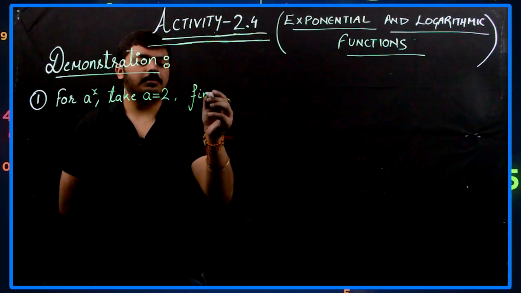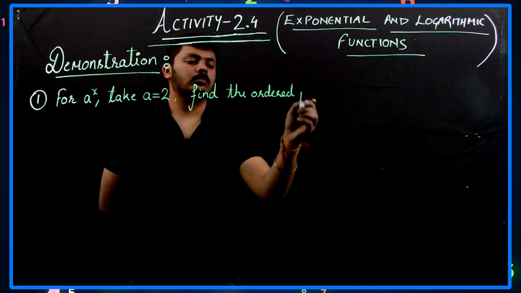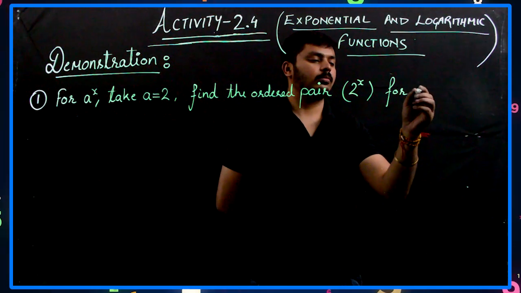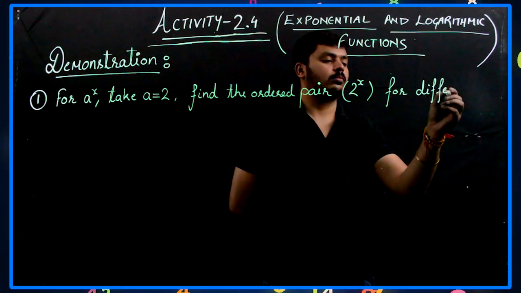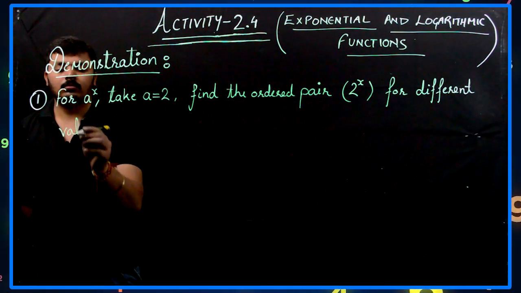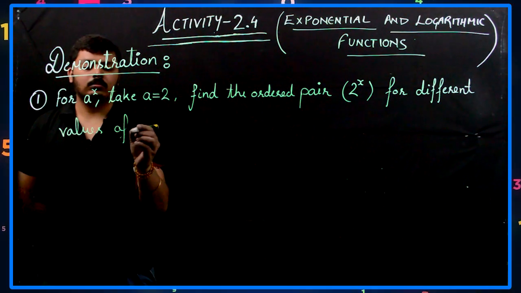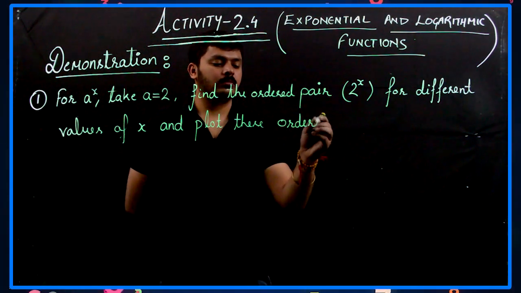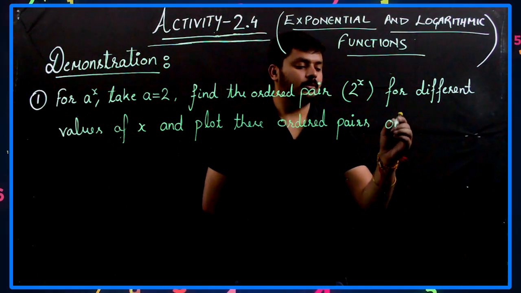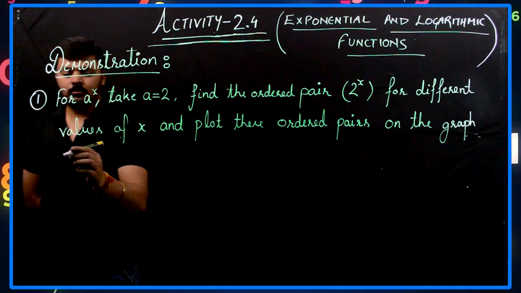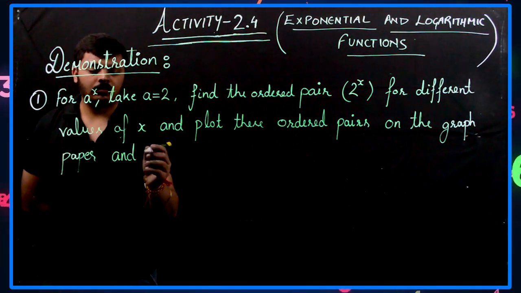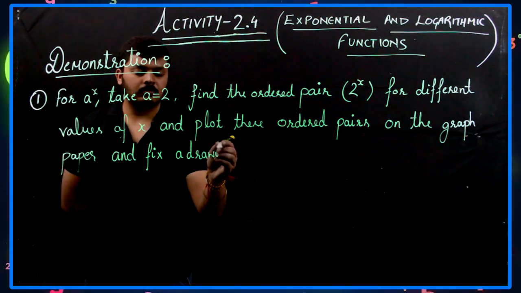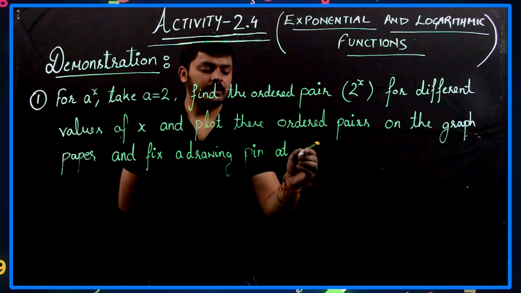Now find the ordered pairs x, 2 to the power x, for different values of x, and plot these ordered pairs on the graph paper. And fix a drawing pin at each point.